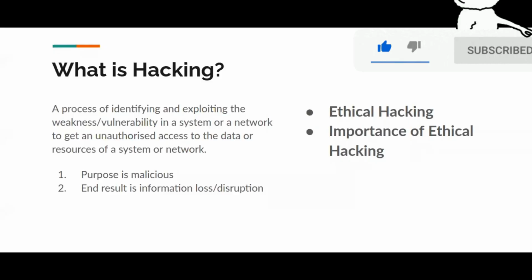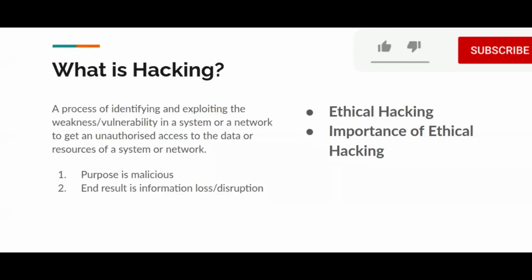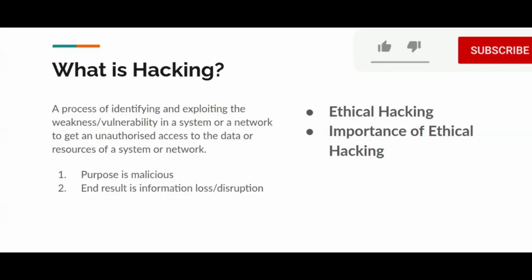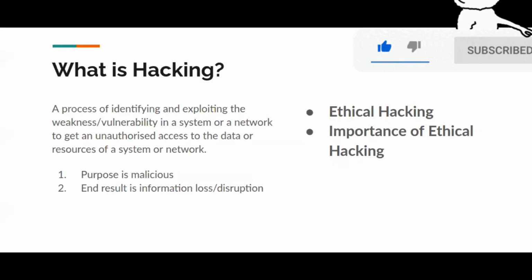They just get hold of some tools and download some code from the internet, and they knowingly or unknowingly use it without having any important purpose. So those people can also be grouped under hacking. They also can be called hackers.